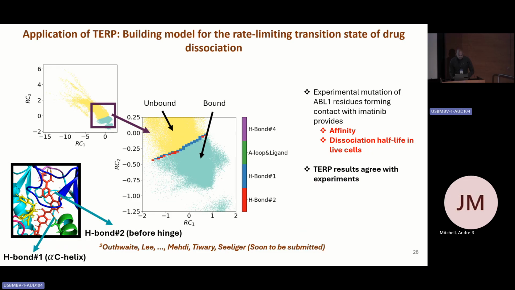Our experimental collaborators went and did some measurements. What they did was they mutated some of the Abl1 residues that form contacts with the imatinib, which tells us about the role that those residues play towards affinity and dissociation. It turns out that what they found in their experiments agrees well with what TERP identifies.